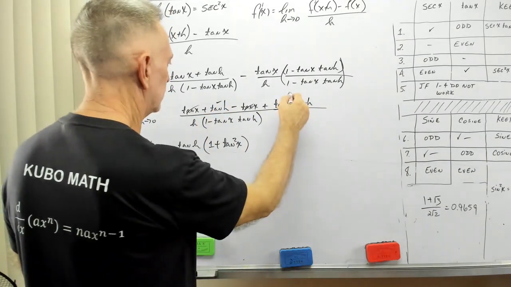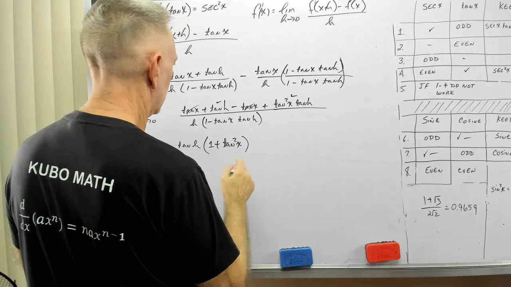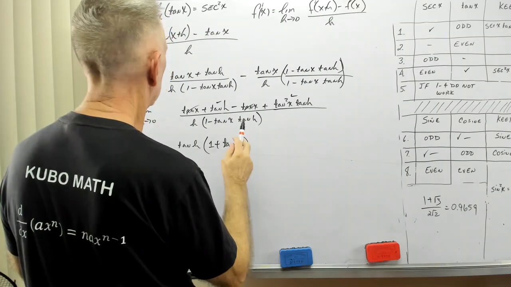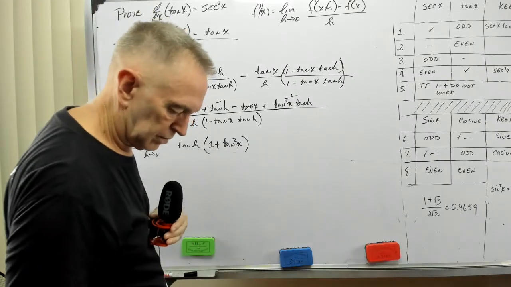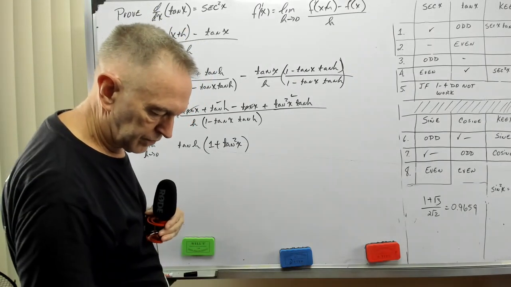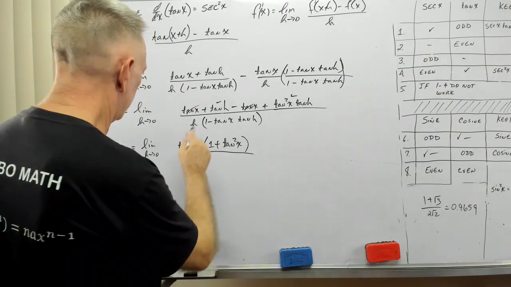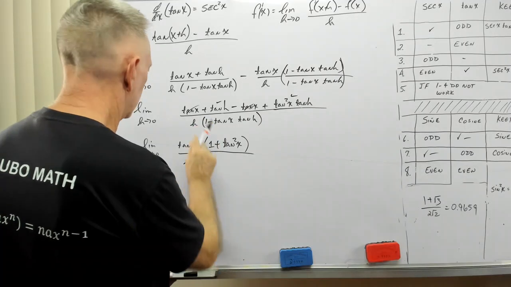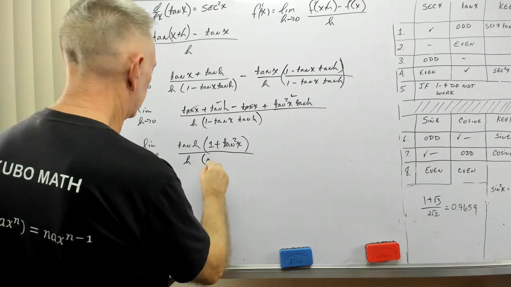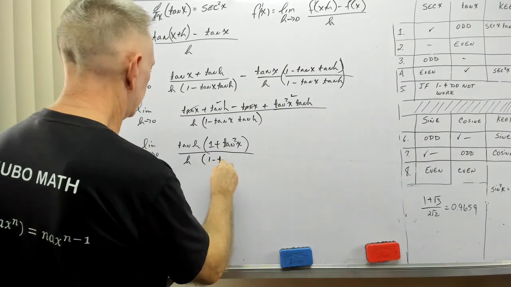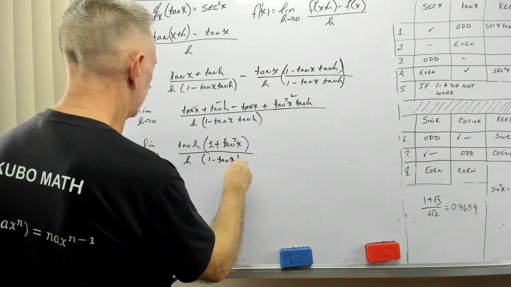We've got this and this out of the way. All right, I'm back over h. And then let's finish out this denominator, 1 minus tangent x tangent h.